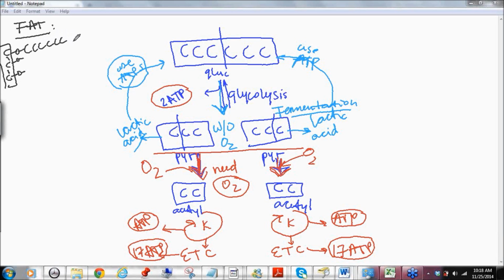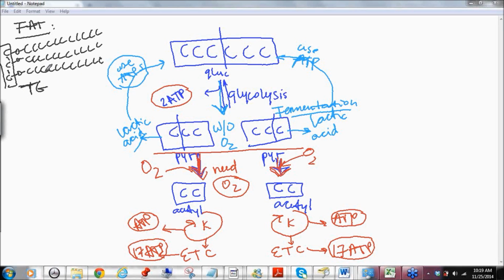So these are the chains of fatty acids. All right, and that's what triglycerides look like. We're going to call this a triglyceride, TG for short.